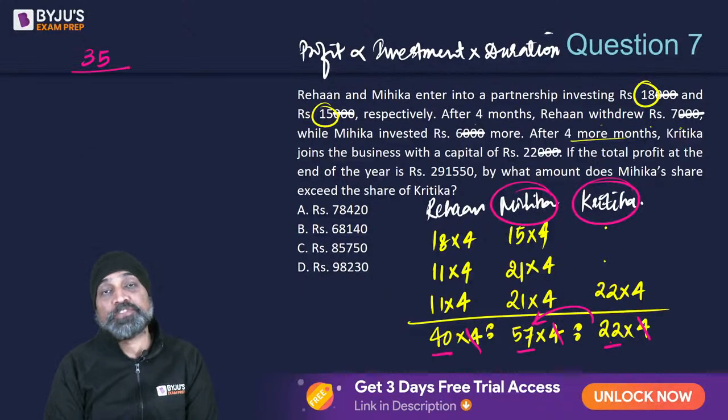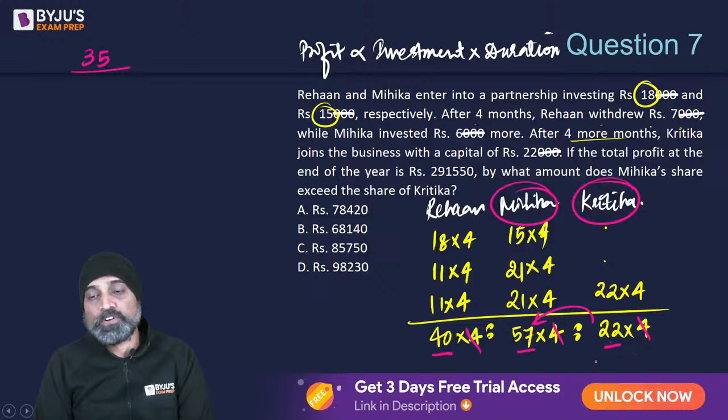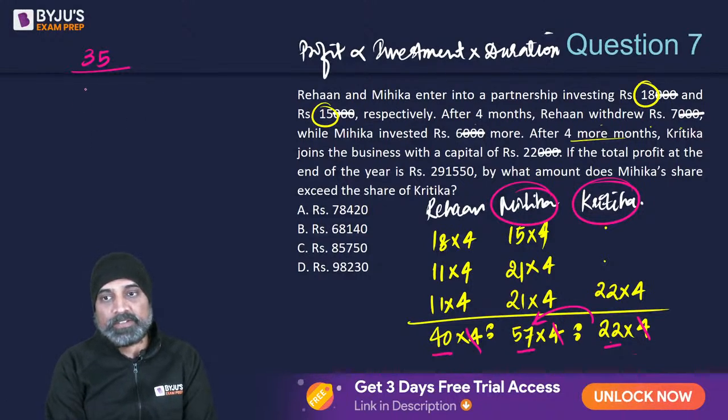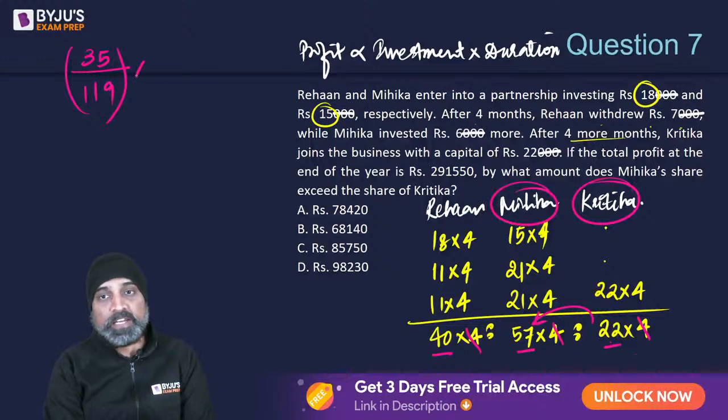Now this is 35 out of what amount? 40 plus 57 plus 22, right? So 57 plus 40 plus 22 is going to be 119. So this is the extra share that Mihika receives as compared to Kritika. Now this share has to be calculated with 291,550.